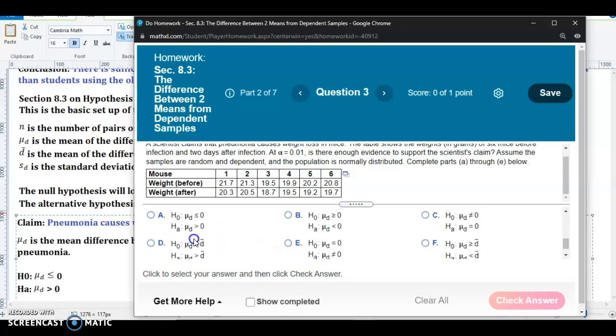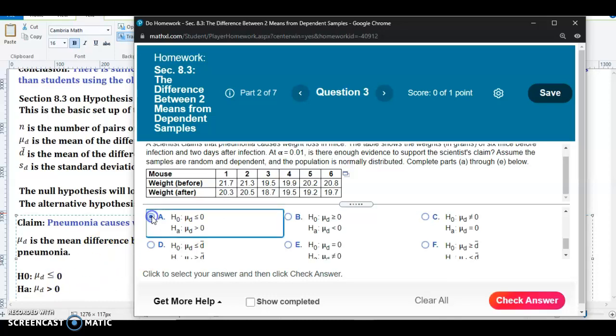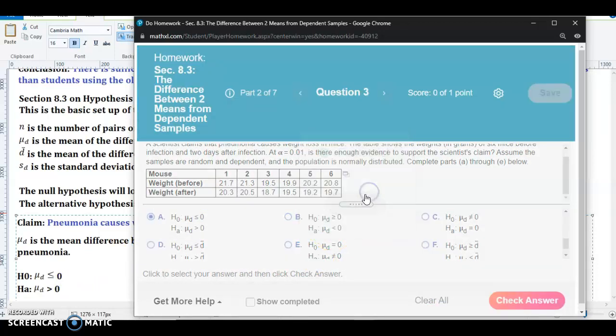We want the greater than symbol in the alternative hypothesis, and the less than or equal to symbol in the null hypothesis, with 0 as the mean difference. So it looks like answer choice A.